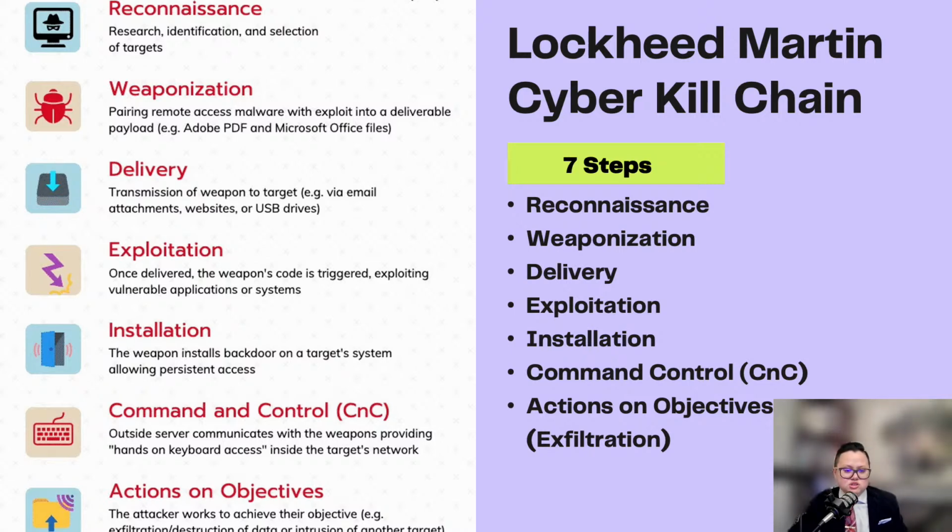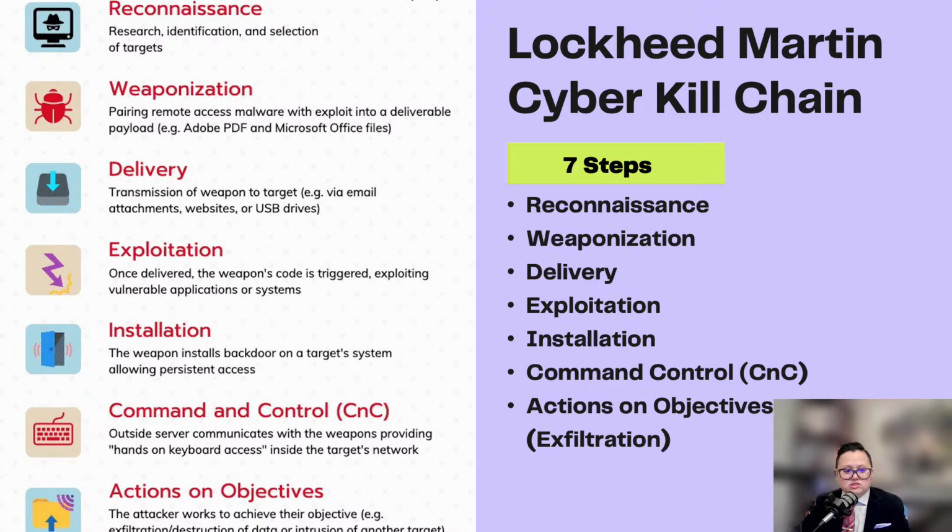That would be transmission of a weapon to a target, and that would be transmitting that payload to, let's say, an email attachment or website or a USB drive. And then the fourth step, which is exploitation, which is the part where once delivered, the weapon's code is triggered and it's exploiting vulnerable applications or systems.